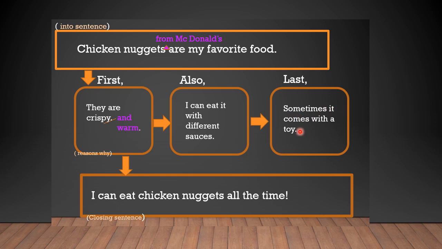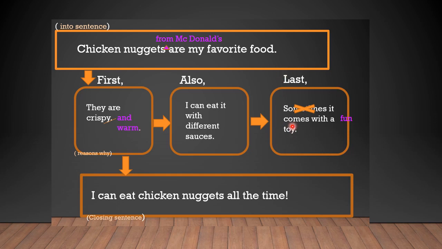So I'm going to go ahead and take away that sometimes. Last, it comes with a toy. Now, I think I could be specific about what type of toy, because if it was an old toy or a used toy, I wouldn't be too happy with my chicken nuggets. So I'm going to add the adjective fun. Last, it comes with the fun toy. Now I'm happy with this sentence.